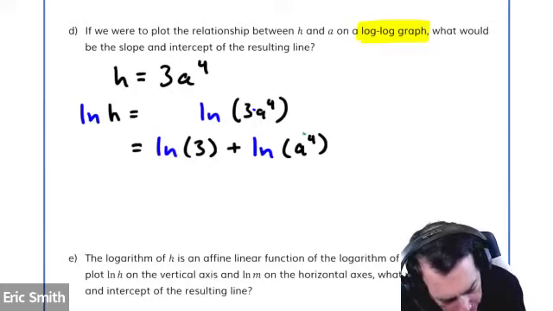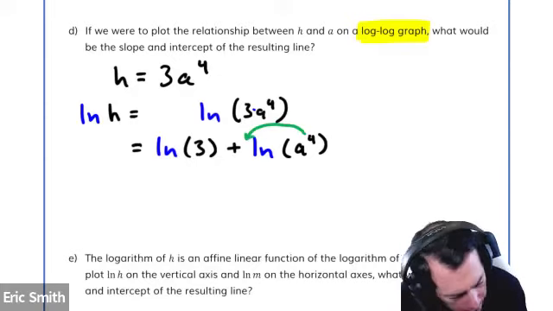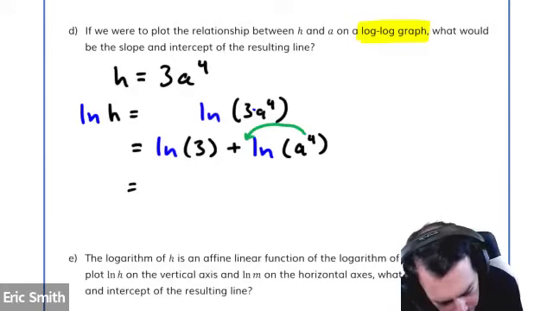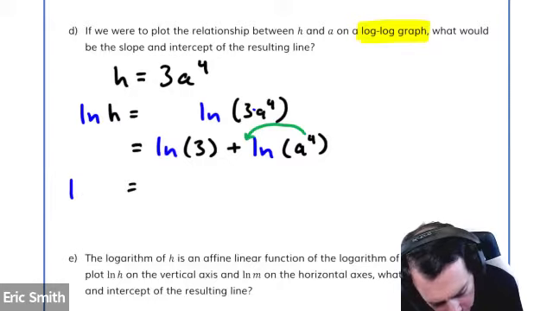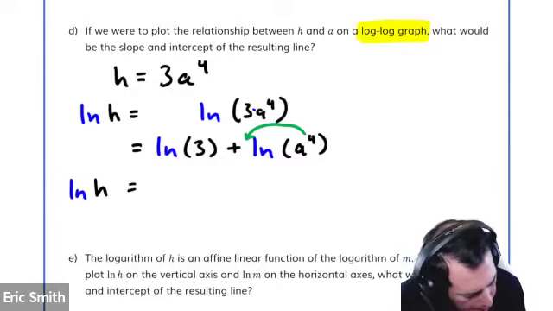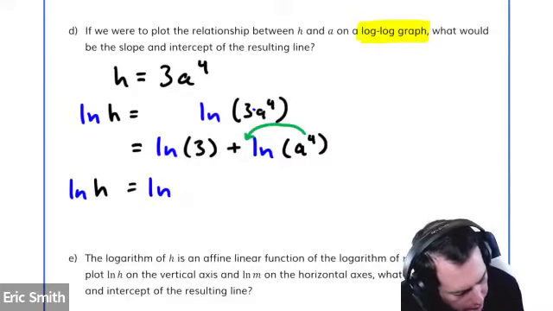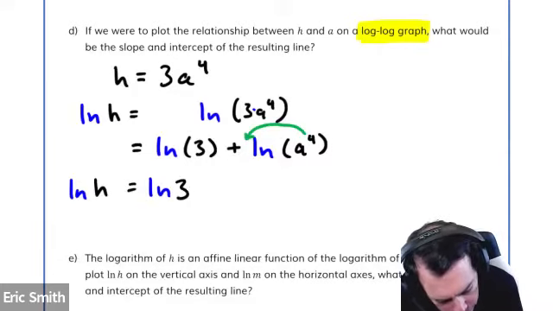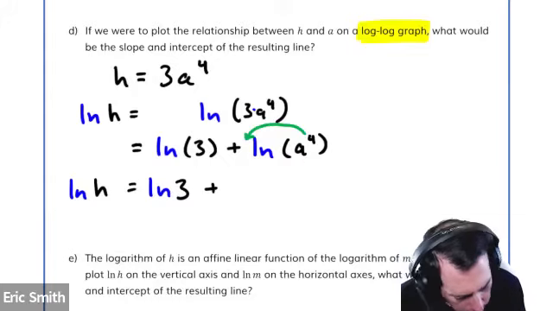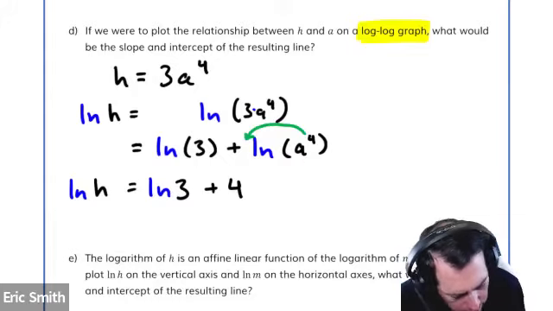And then we see we have that power of 4, so that's going to come down right in front, ultimately giving us that the natural log of h is equal to the natural log of 3, and then 4 times the natural log of a.